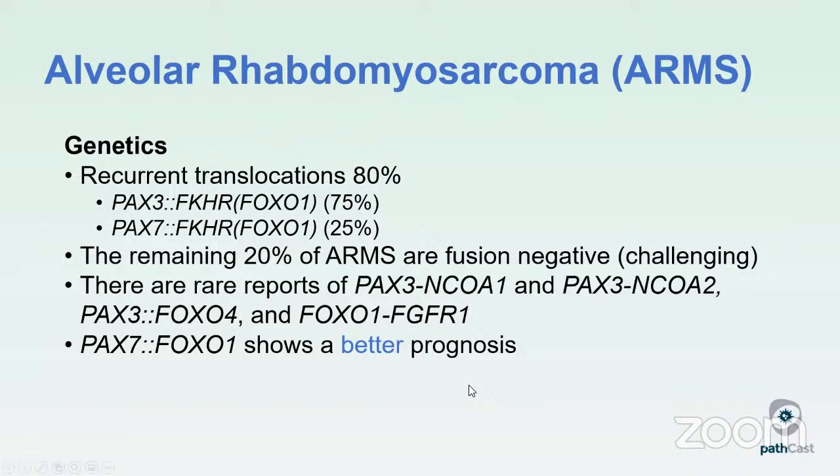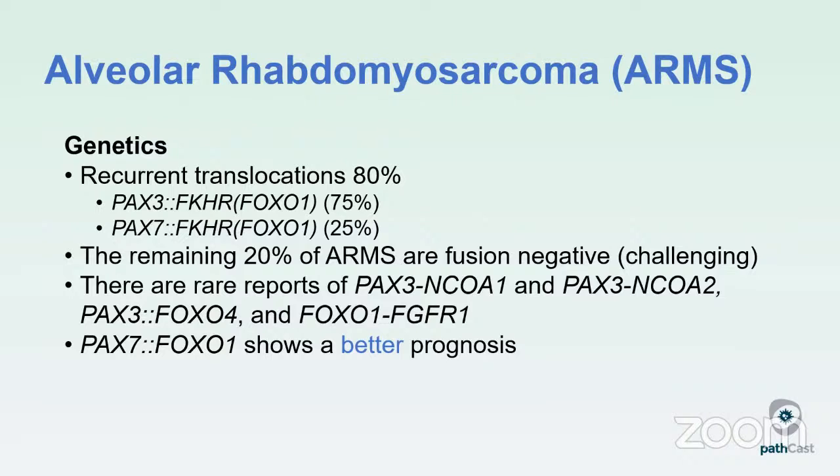Genetically, there are recurrent translocations identified in 80% of alveolar rhabdos. Those are PAX3 and PAX7 with the FOXO gene, 75% with PAX3 and 25% with PAX7. There's a remaining 20% that are fusion negative, and the diagnosis of those can be challenging.